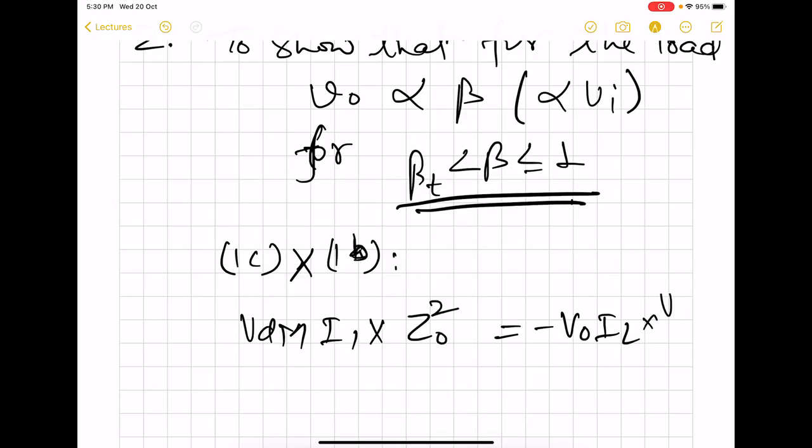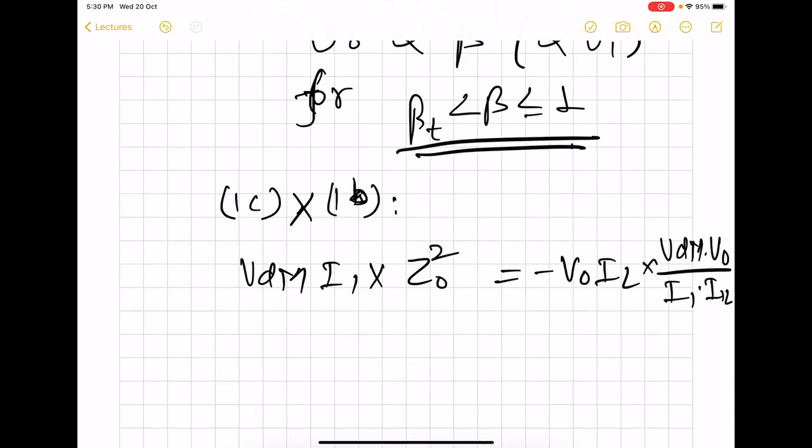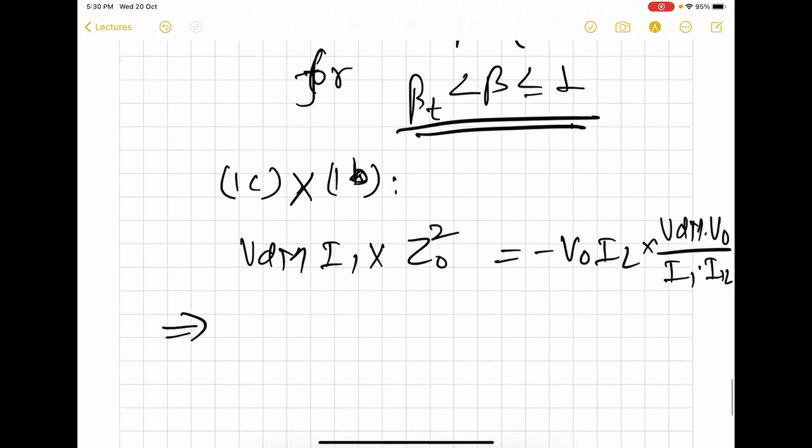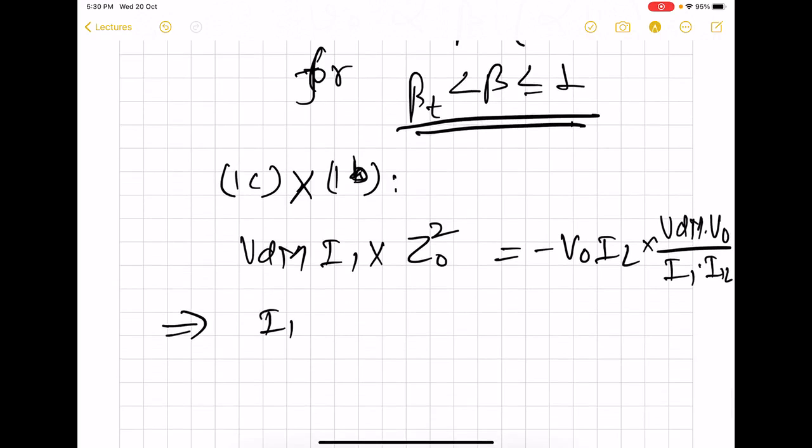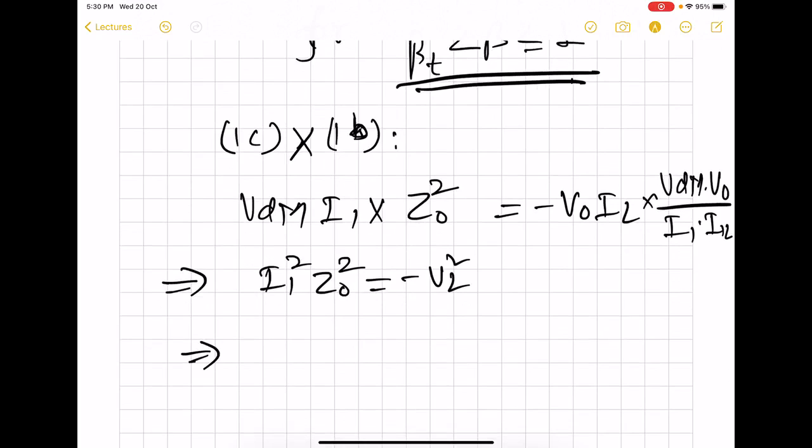This will lead to VDM VO divided by I1 I1L. This gets simplified to I1 square Z0 square equal to minus VL square, or rather this is not VL, this is VO. So VO square, or VO, is plus minus j Z0 I1.